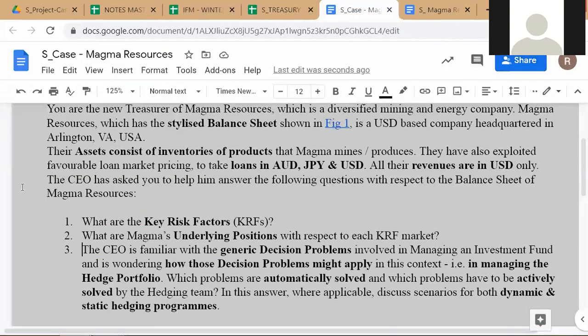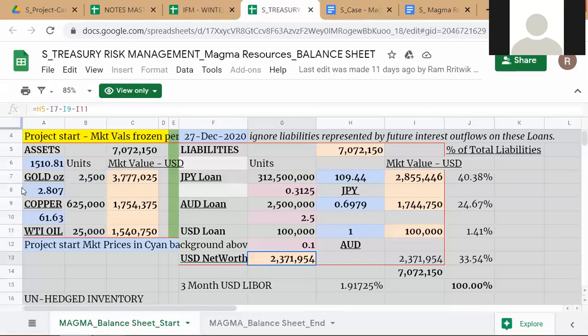Right? So this is how companies borrow. Ideally, a company should not take loans in yen or Aussie dollars if they don't have any kind of revenues in yen or Aussie dollars. They should be matching.